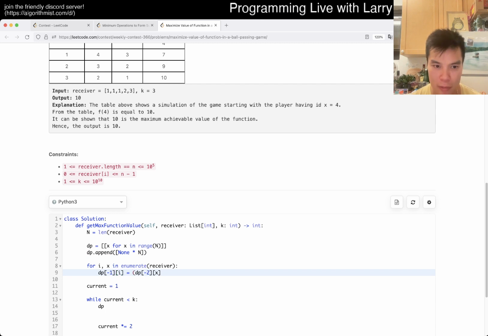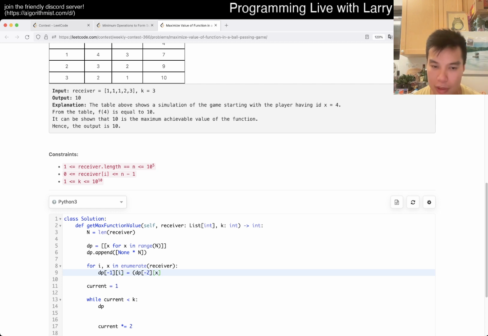Then now it's equal to, so now for each i, we look at the previous. Or am I doing that wrong? For each. No, stuff like this.